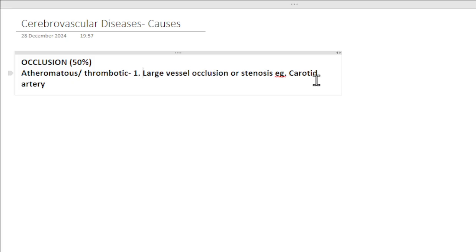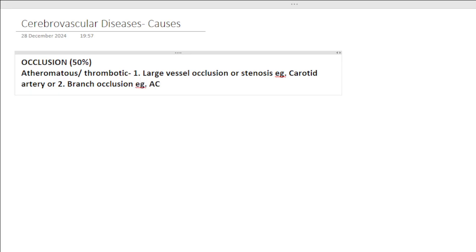or branch occlusion, right? This also can happen either in the main artery or in a branch. Anybody can give an example?